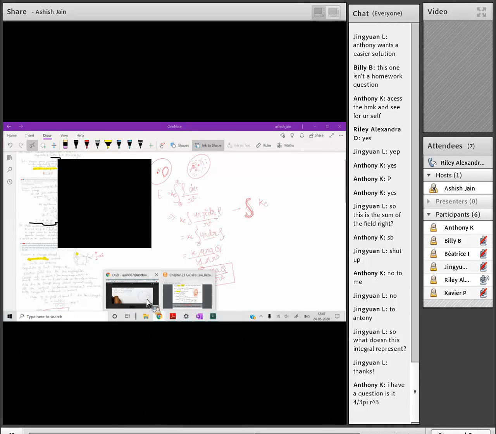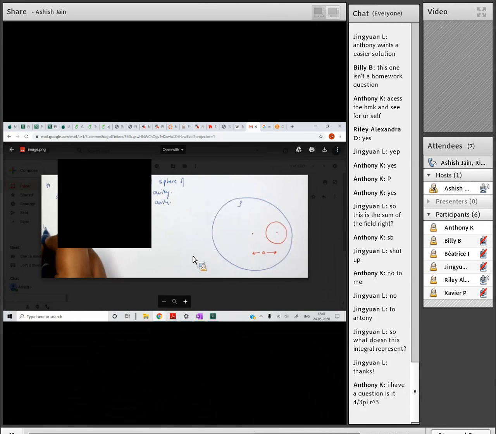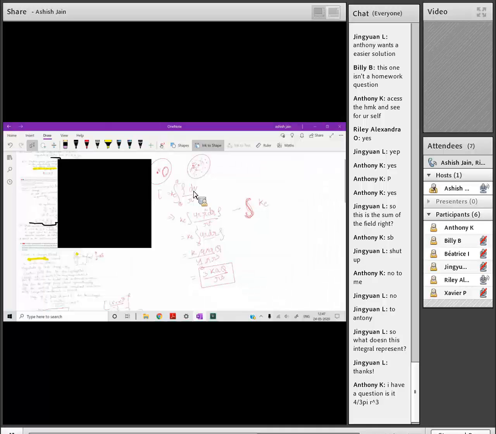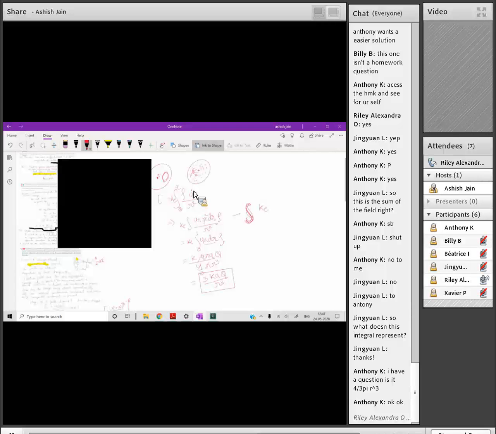Then you subtract the contribution from the cavity. What's the radius of the cavity in the question? Is there any radius of the cavity inside, or you just need to write in terms of a? Yeah, it is 4 upon 3 pi r cubed. So that's how you can solve the question.